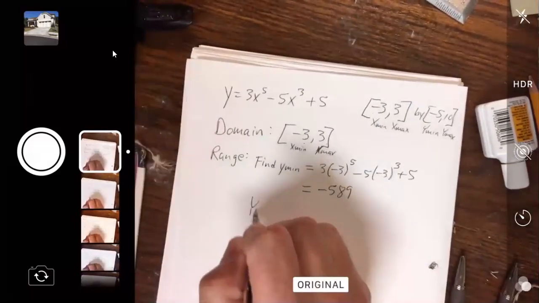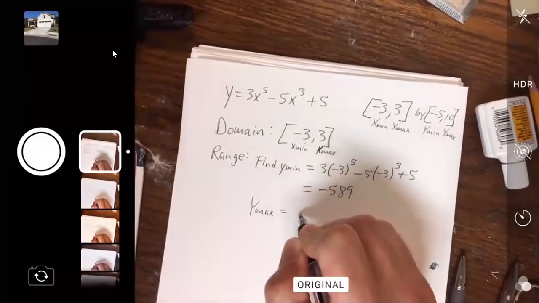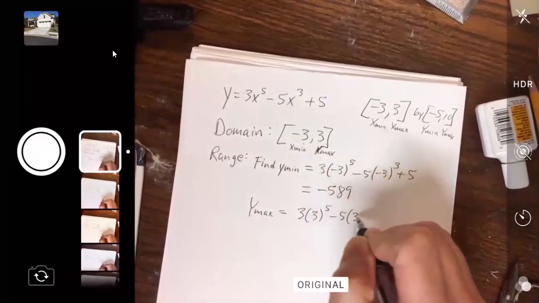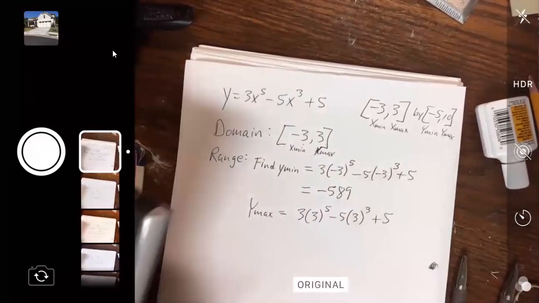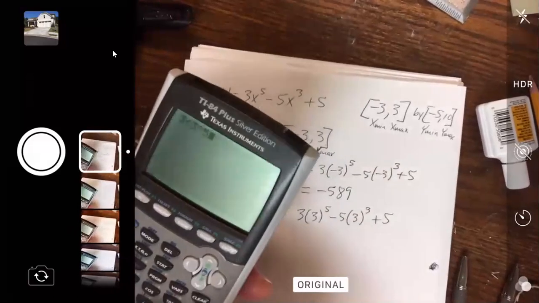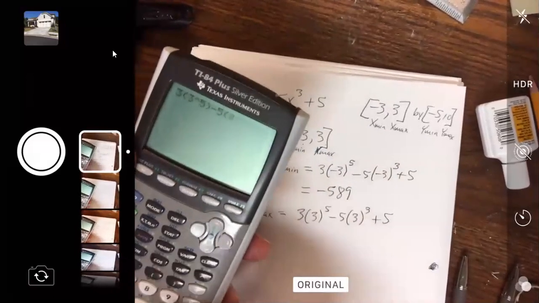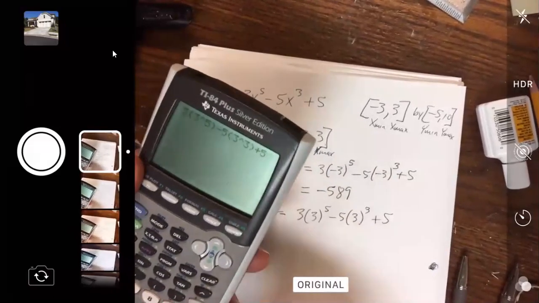Let me clear it off. And y max, all right, you'd plug in x equals 3. So you have 3 times 3 to the 5th minus 5 times 3 to the 3rd and add 5. 3 parentheses 3 raised to the 5th minus 5 parentheses 3 raised to the 3rd and add 5.